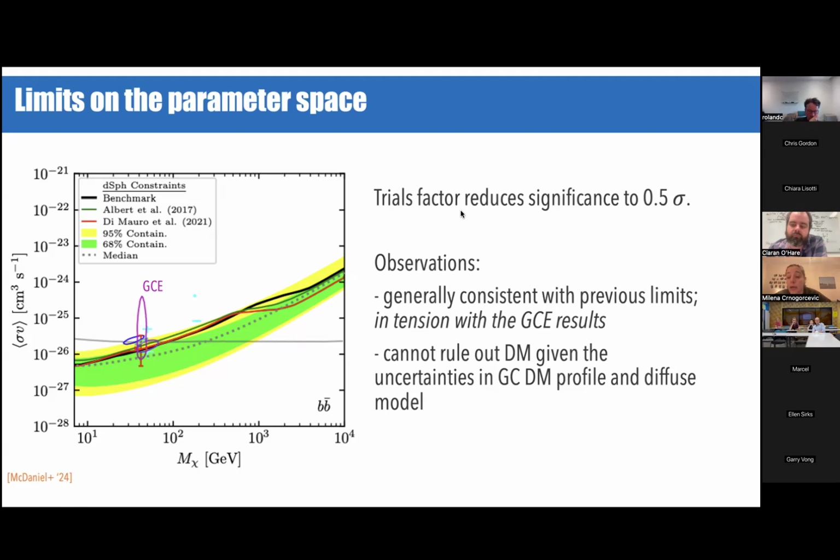We have better gas maps and dust maps, but we don't really understand the propagation of the cosmic rays that we put into our models. As such, we may be underestimating or overestimating the amount of background we have. Okay, so the main uncertainty comes from that. Yeah, exactly. Okay, thank you.